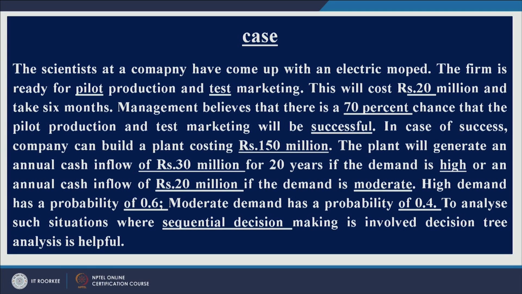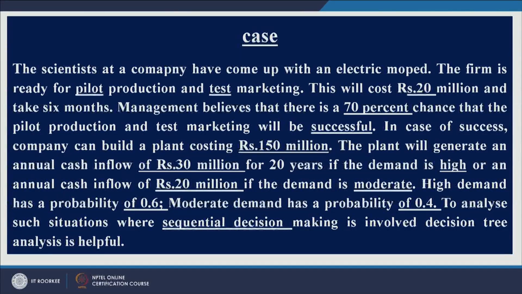So, the cost is 20 million, and the time is 6 months for pilot production and test marketing. Now, management believes that there is a 70% chance that the pilot production and test marketing will be successful. It means there is only a 30% chance that pilot production and test marketing will be a failure.